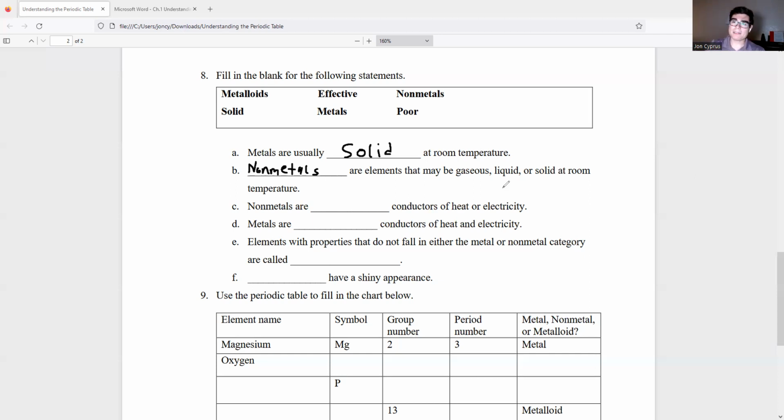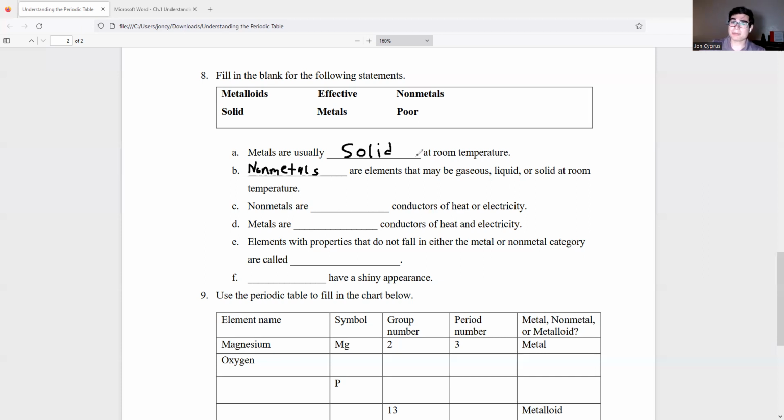If you have certain atoms, in a certain amount, in certain combinations with the bond, it'll change whether it's a solid, liquid, or gas. And we'll get to that in chapter 5 with intermolecular forces and how that can affect the phase that something is in, whether it's a solid, liquid, or gas.